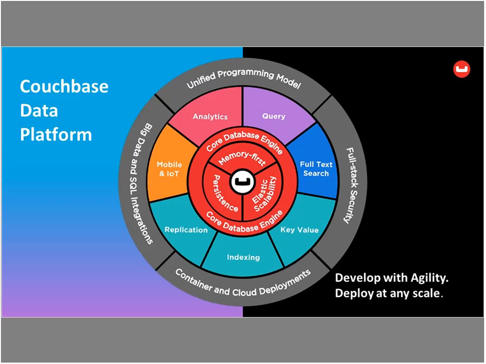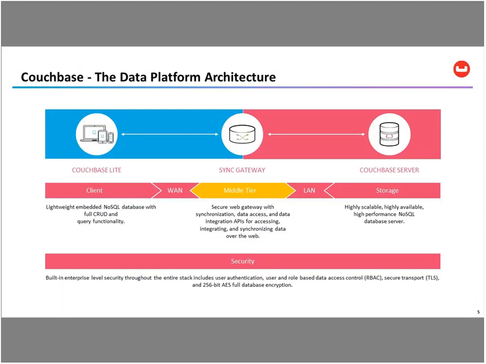We call it full text search. And all of these are microservices, and I will share what that means when it comes to scaling your cluster in just a minute. On top of full text search, you can also run analytics on your operational data. And then you can build mobile applications natively using the Couchbase data platform.